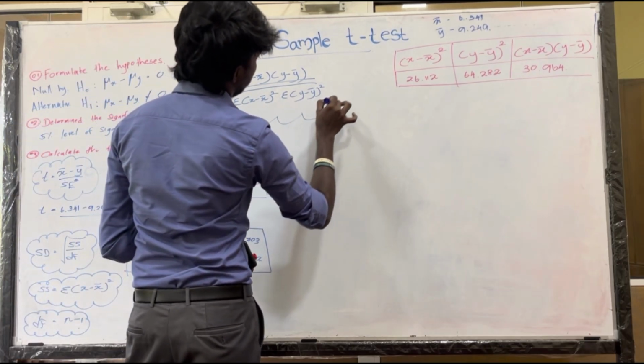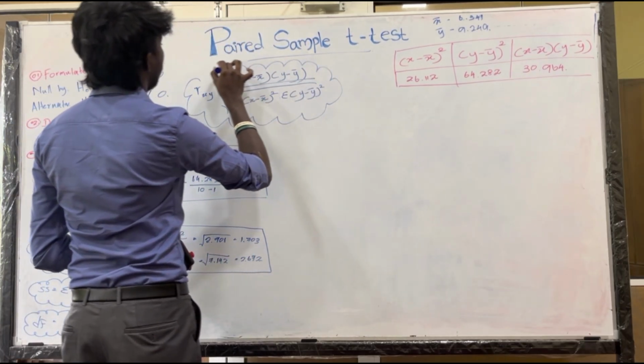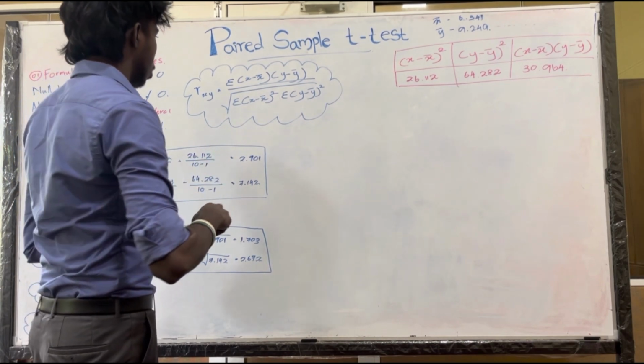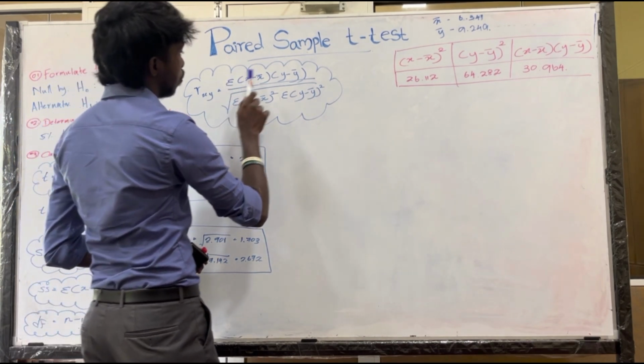This is the formula of the coefficient of correlation. So let's see these elements one by one.